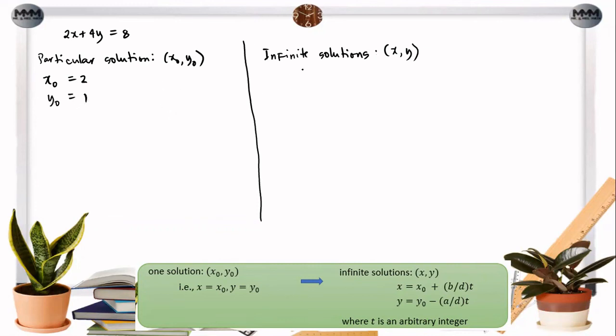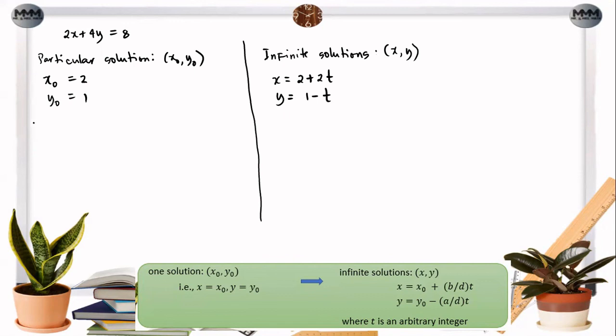And then we came up to our infinite solutions: x equals, in this form, x sub 0 plus b over d times t, so we have 2 plus 2t, and then y is 1 minus t.